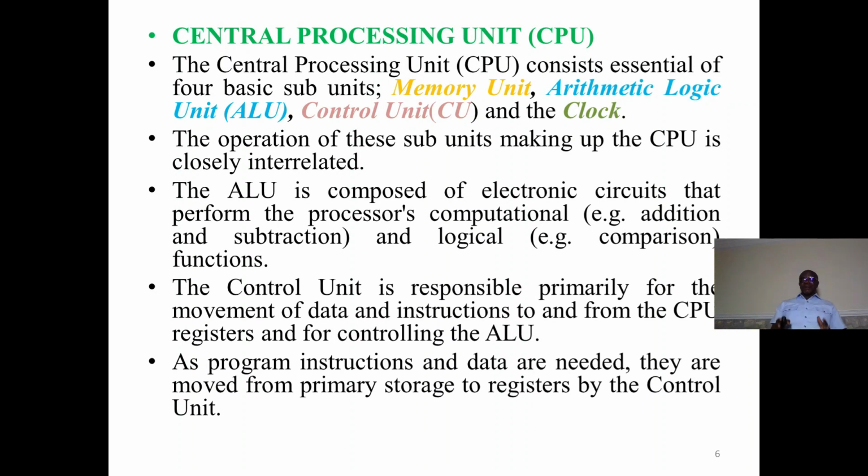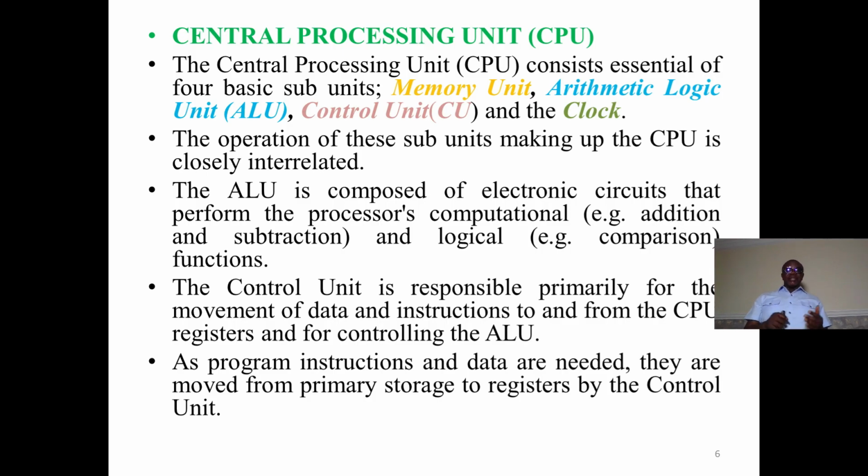Now, this central processing unit consists essentially of four basic subsystems: the memory unit, the arithmetic logic unit, the control unit, and the clock. The operation of these subunits making up the CPU is closely related.